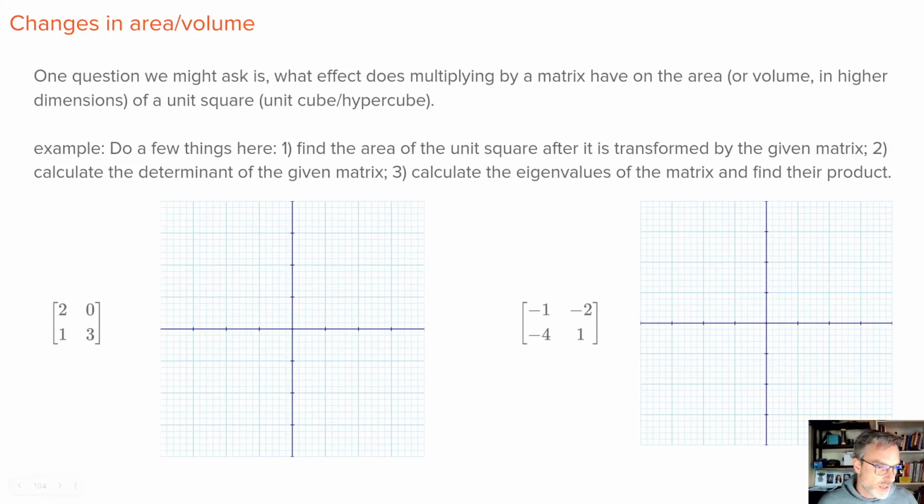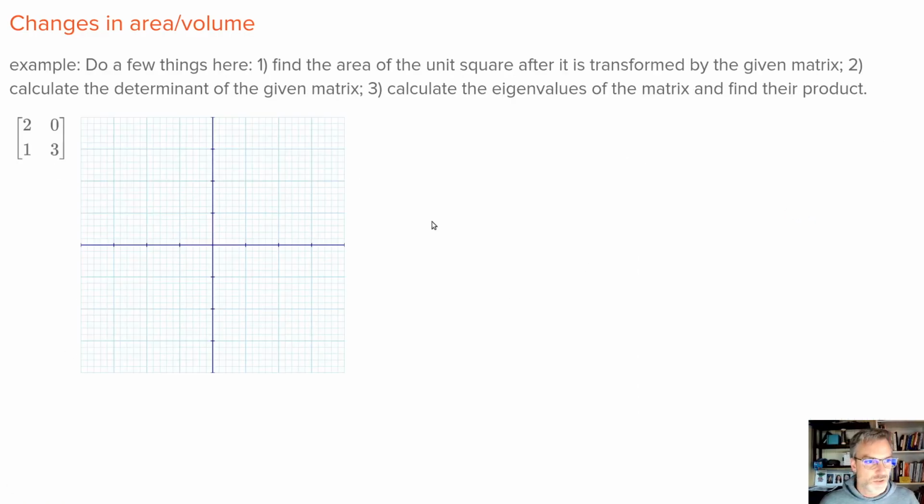So let's just take this first example here on the left, the matrix 2, 0, 1, 3. And I just want to see what happens with the plane here under multiplication. What I'll do is I'll start with a unit square.